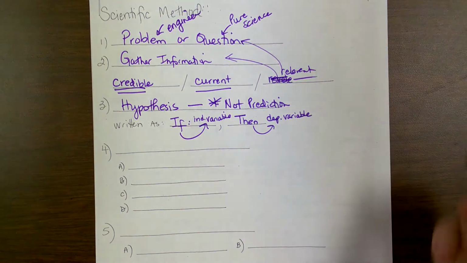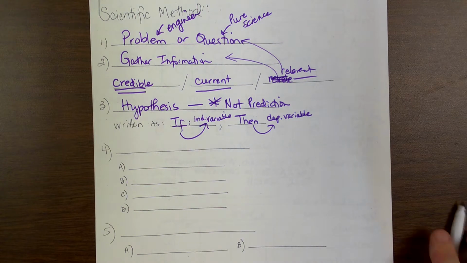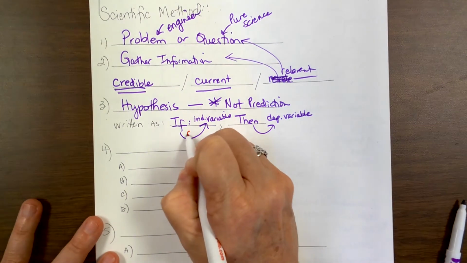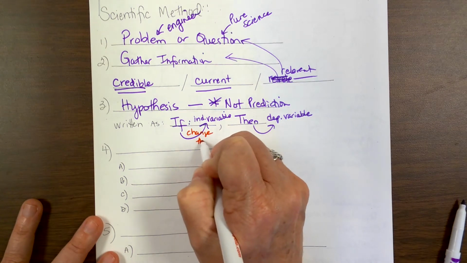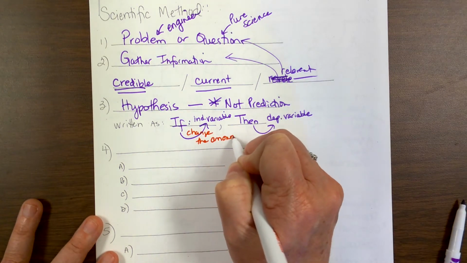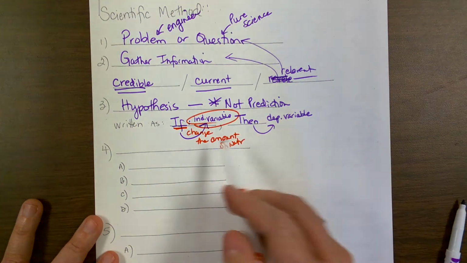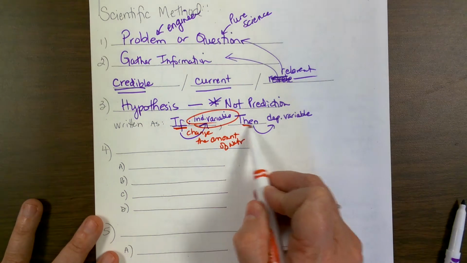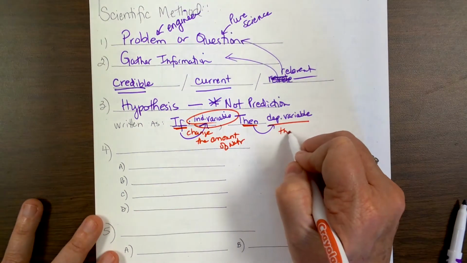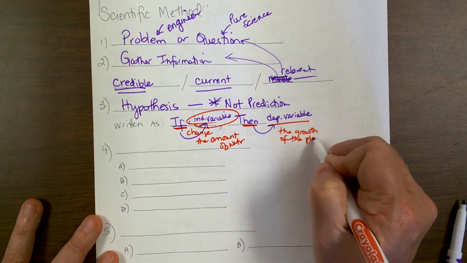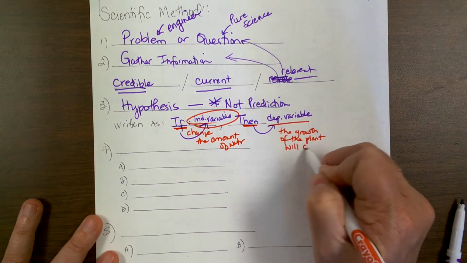Okay? So for example, if you are doing a study on plants and you're testing how the amount of water affects the plant growth, so if I change the amount of water, okay, so that is your independent variable because we're going to change the amount of water, then the growth of the plant will change.